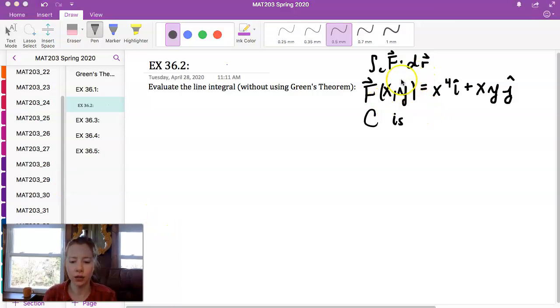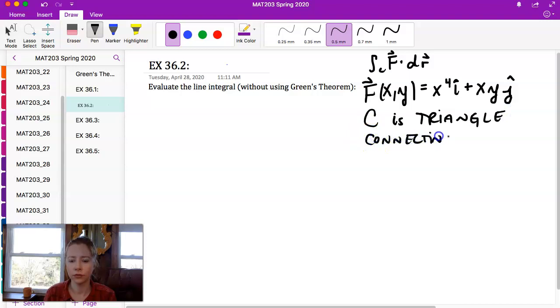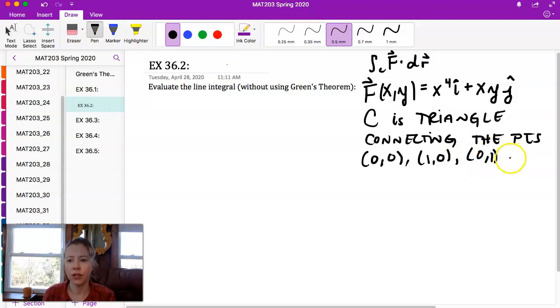And C is the triangle connecting the points (0,0), (1,0), and (0,1), oriented counterclockwise.